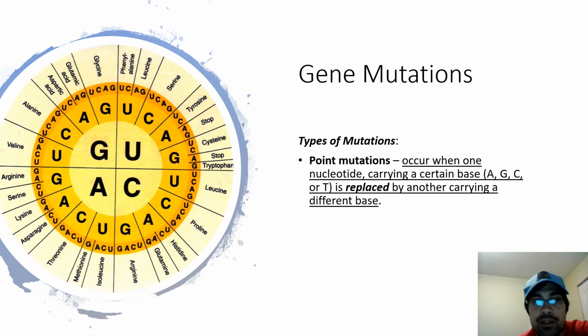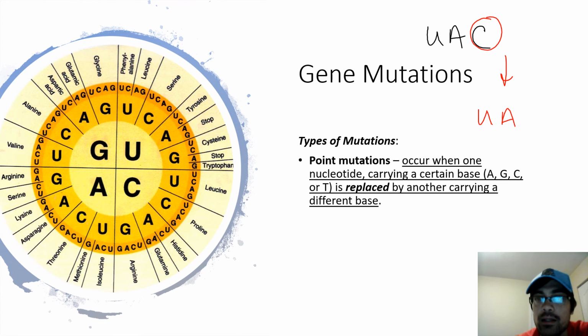So for example, we may have UAC, and then for whatever reason, the C gets replaced with a U. Got mixed up. It does happen. It's not crazy uncommon, but at the same time, your body is good at replacing these things. So that's a point mutation.